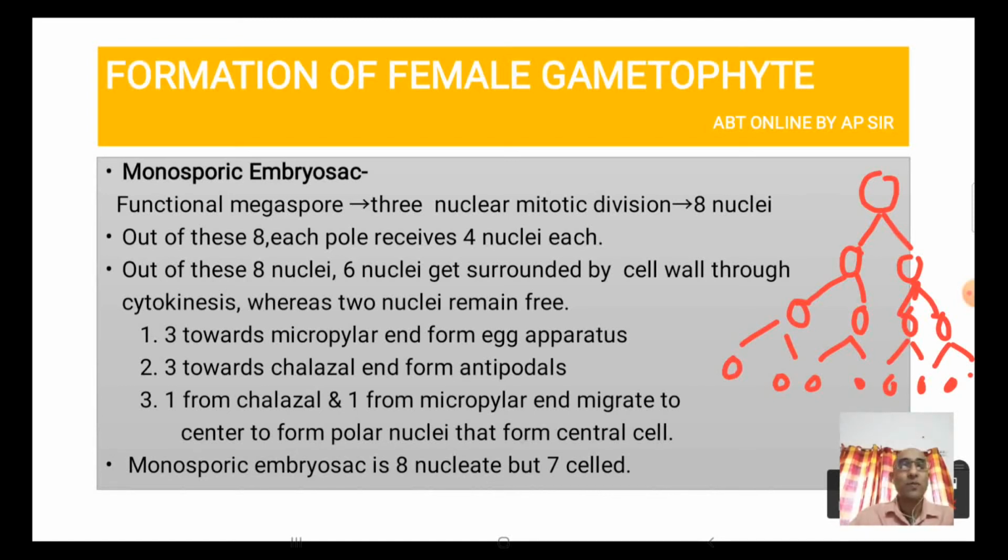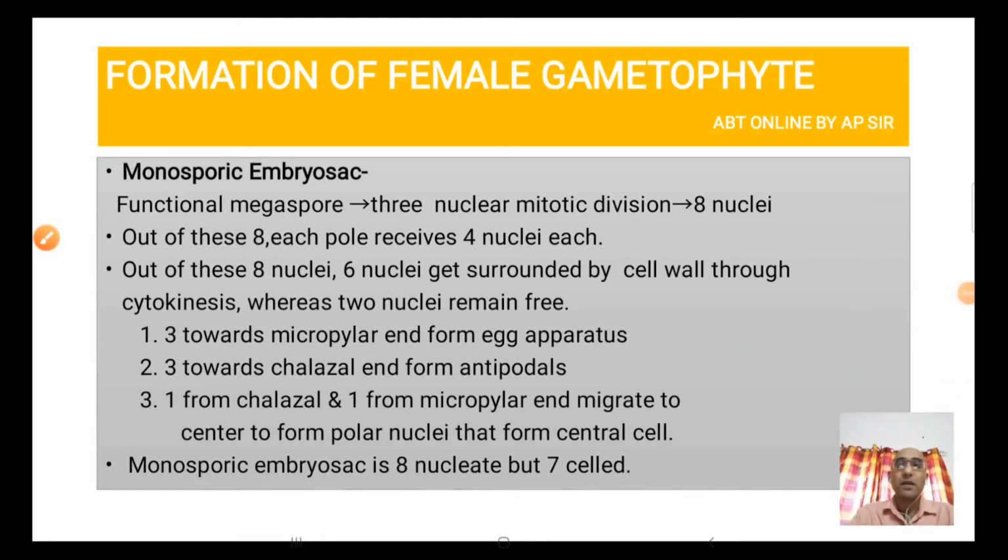Monosporic embryo sac is 8 nucleate but 7 celled. 7 celled means 3 micropylar, 3 chalazal and 1 central. So, how many cells? 7.